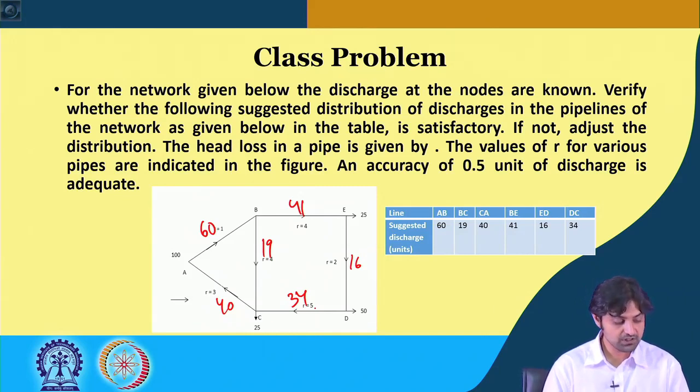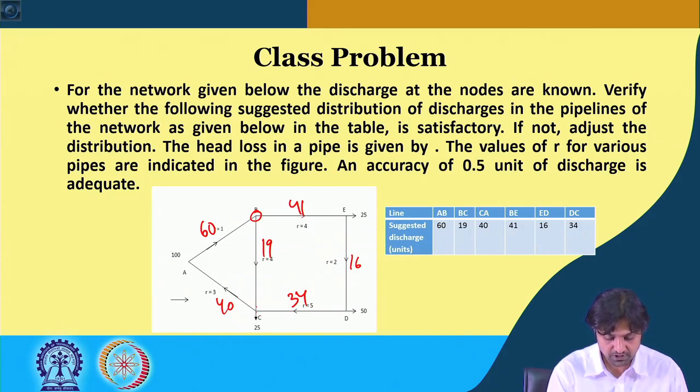So there are two things that need to be checked. The first thing is whether the continuity equation is satisfied or not, and second thing we have to check. Of course this is going to satisfy the continuity equation. 60 is coming, 41 is going, 19 is coming here, okay. Here see 34 is coming, 19 is coming, so 19 plus 34 is coming, and 25 and 40 are leaving.